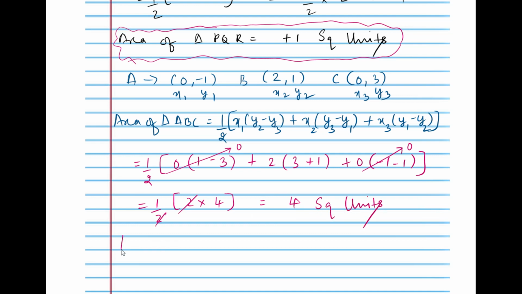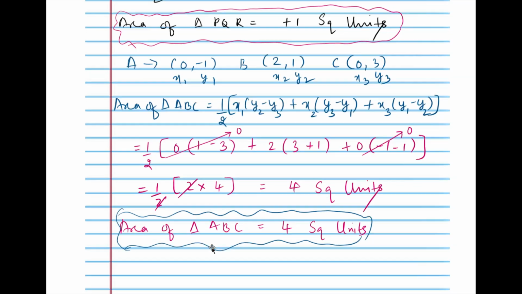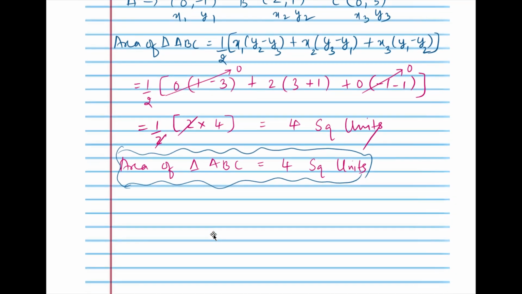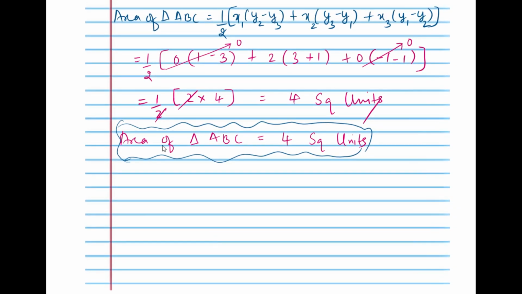That is, area of triangle ABC equals 4 square units. Put it in the box. Students, you need a lot of patience to solve these problems. Don't be in a hurry.